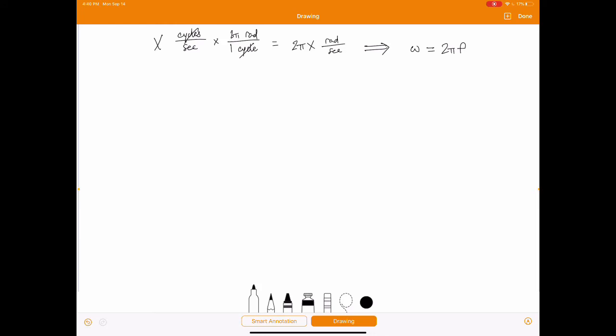And of course, we found earlier that V is equal to lambda times F. Well, from what we just wrote down, F is equal to omega divided by 2 pi.